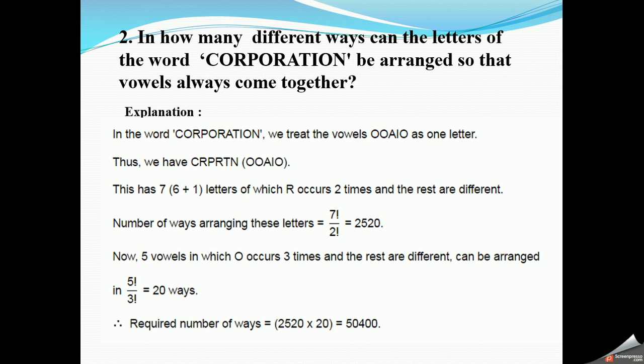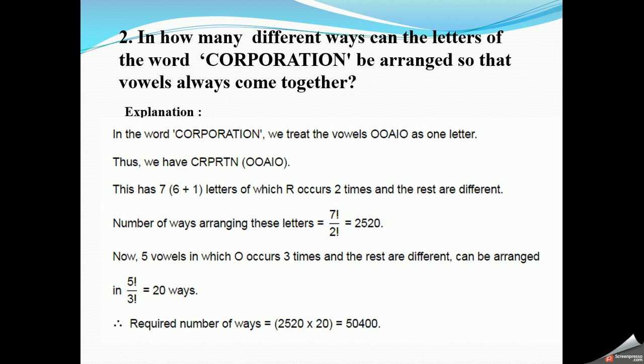When we observe the letters C, R, P, R, T, N, in which R occurs 2 times and the rest are different, therefore the number of ways of arranging these letters equals 7 factorial upon 2 factorial. 7 factorial means the combination of the vowel unit as 1 and the rest of the letters, added to make 7, and 2 factorial is the occurrence of R as 2 times.